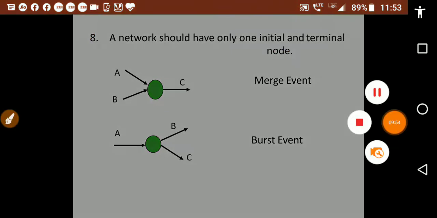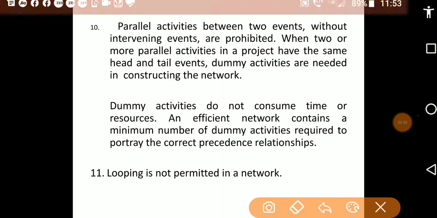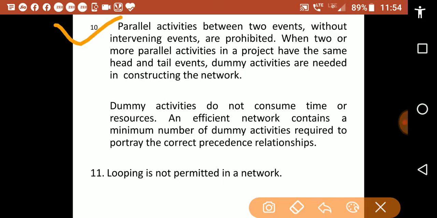Next is, parallel activities between two events without intervening events are prohibited. When two or more parallel activities in the project have the same head and tail events, dummy activities are needed in constructing the network. Dummy activities do not consume time or resources.